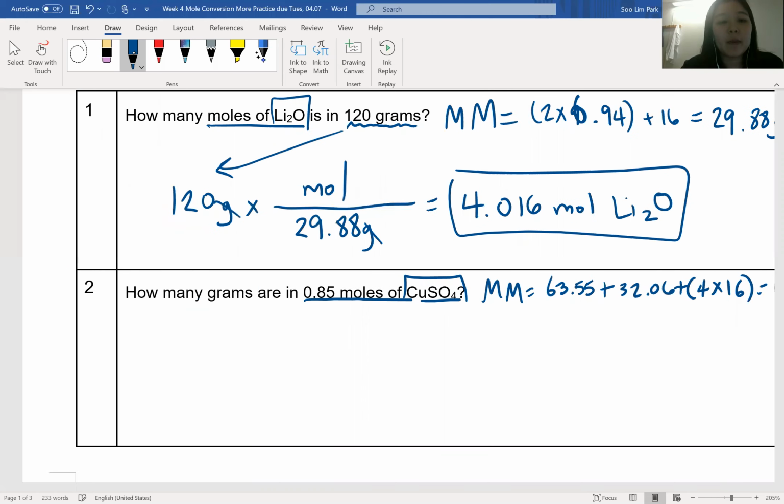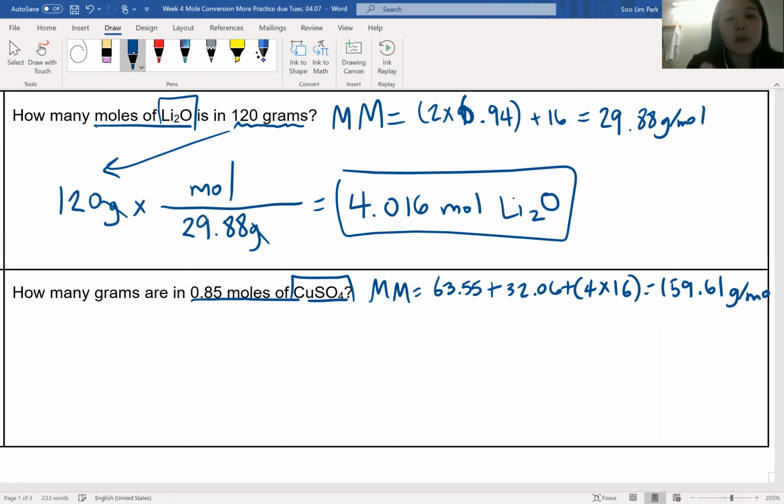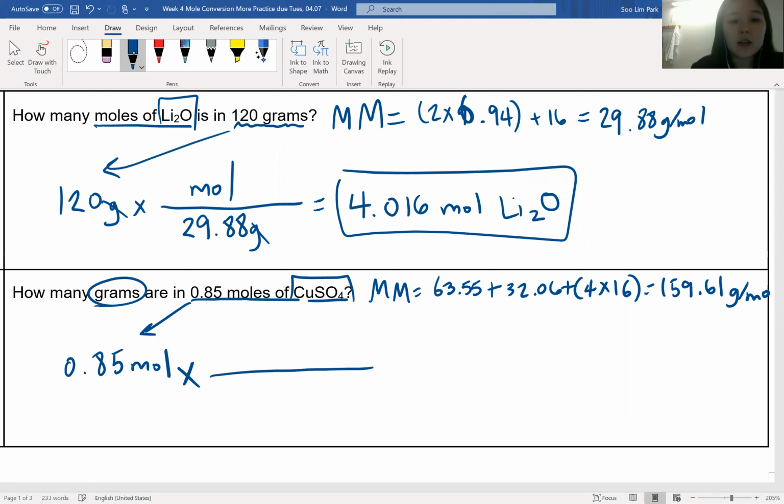All right, so how many grams are in 0.85 moles of copper sulfate? We're going to start with our given. We're given moles, and we want grams. So it's different from number 1. In number 1, we were given grams and we had to convert to moles, but in number 2, we're given moles and we have to convert to grams.